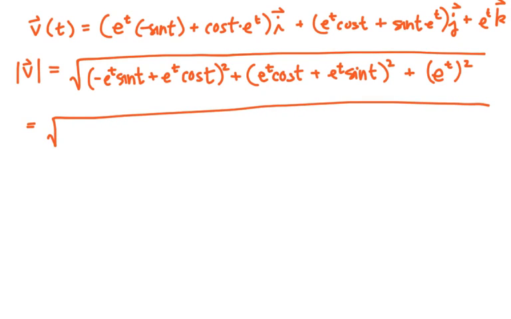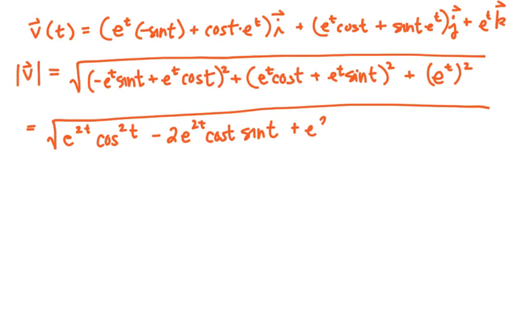So this leaves me with e to the 2t cosine squared t minus 2e to the 2t cosine t sine t plus e to the 2t sine squared t. So that's what I get for foiling this first part. I get something very similar, but with all positive signs when I foil the second. So I'm going to write that out.